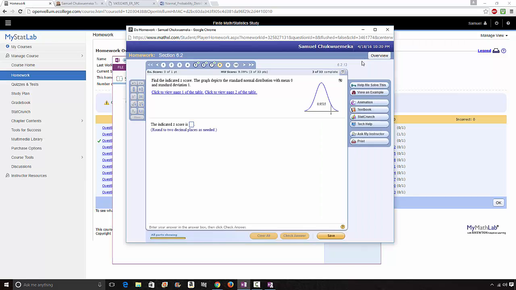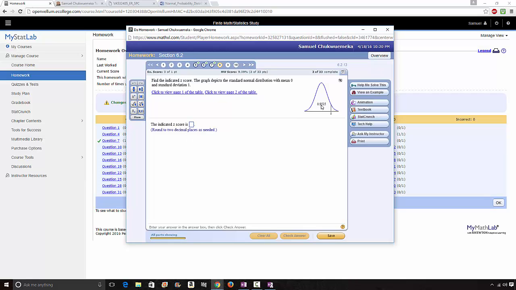Okay. Here we are being asked to find the z-score. They gave us the area already, the area or the probability, and this is from the left. So the area is 0.9535, and they want us to find the z-score.